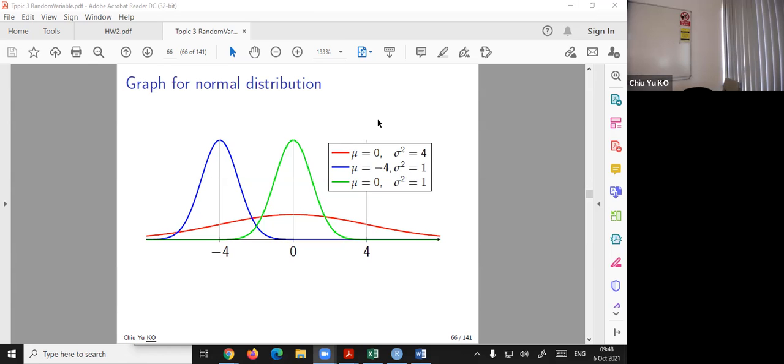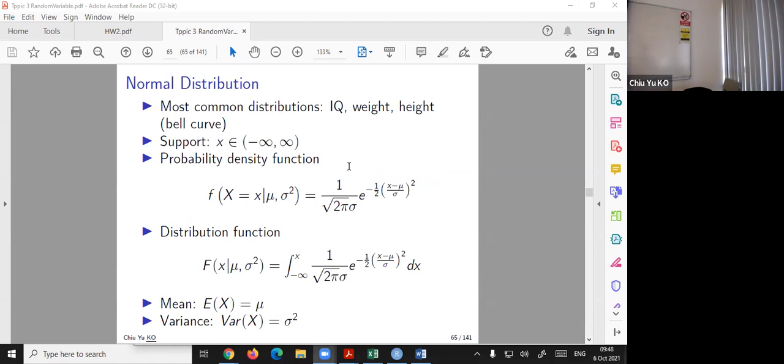But anyway, the second thing I want to talk about is the support of this normal distribution. That is different from what we learned before. Poisson is from 0 to infinity. This one even allows negative infinity, because the measurement error can be very big.